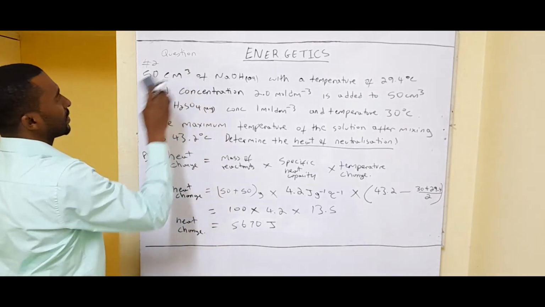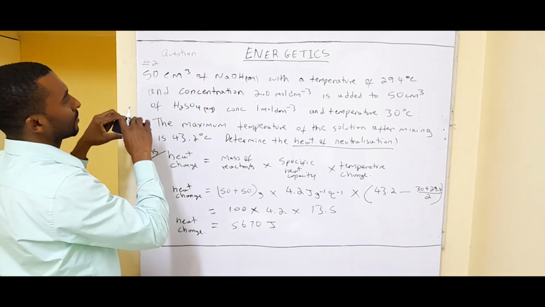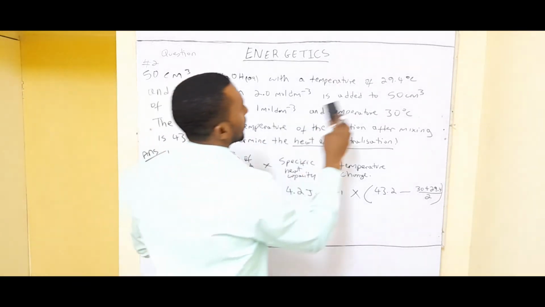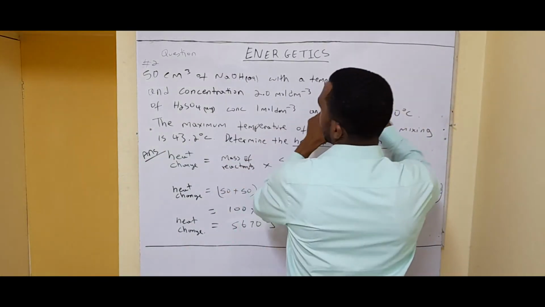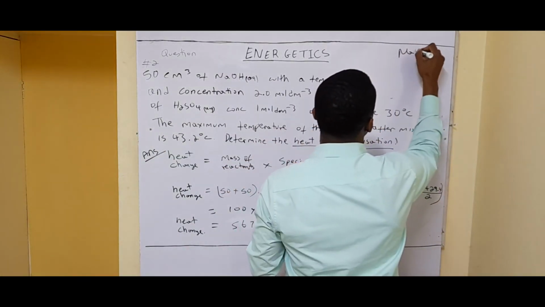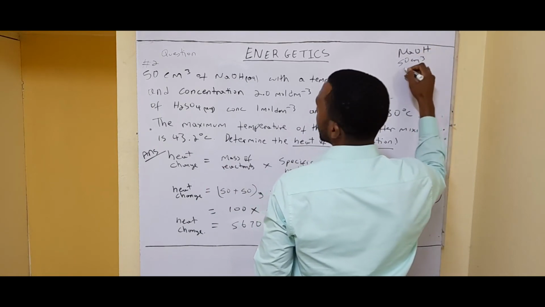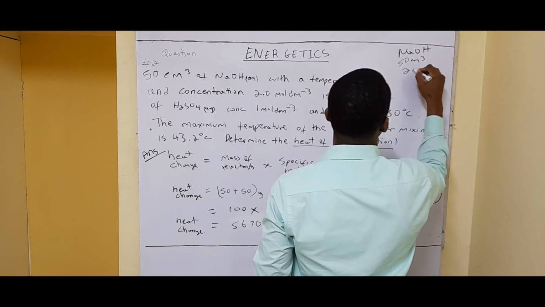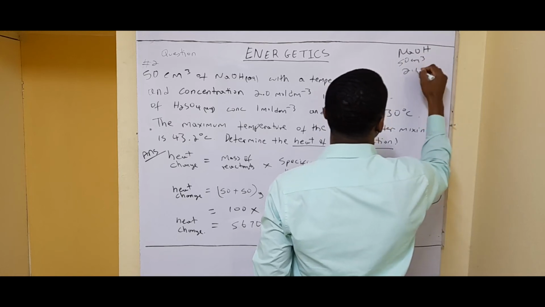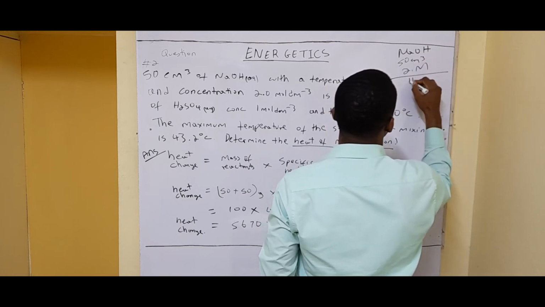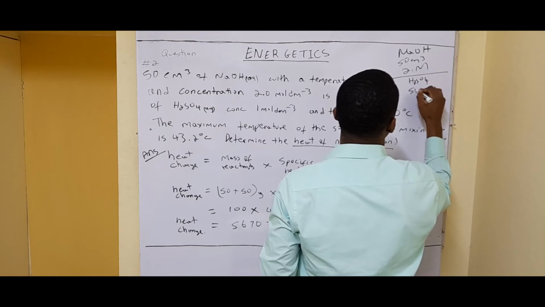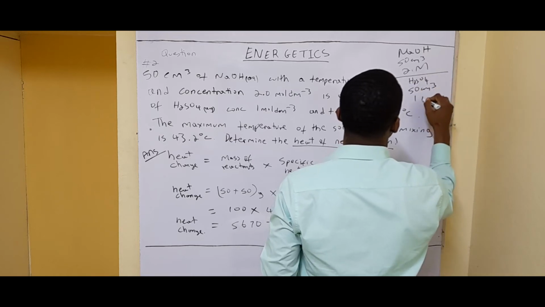So let's write the equation. I want to put some figures right here. For the NaOH, it was 50 cm cube, concentration was 2 molar. And 50 cm cube and 1 molar.